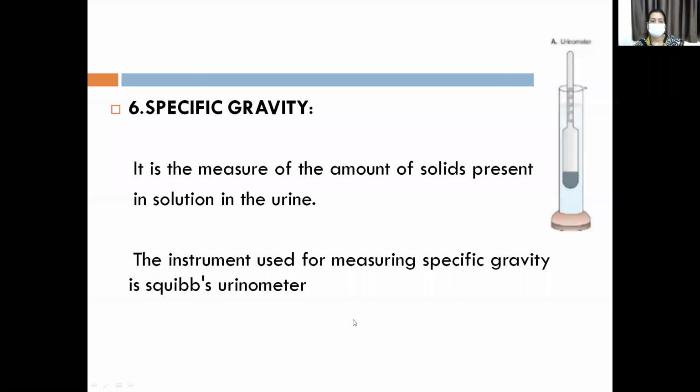Coming to specific gravity, it is a measure of the amount of solids present in the solution, the urine. Usually we use Squibb's urinometer. It is suspended, taking the urine in it. The measure of the solutes present in the solvent, that is the urine, is measured. The lower meniscus gives the value.